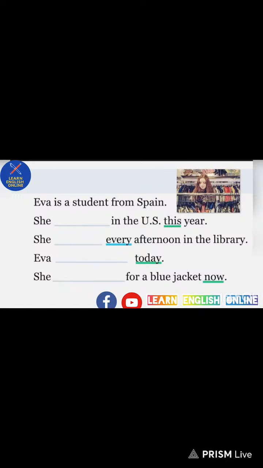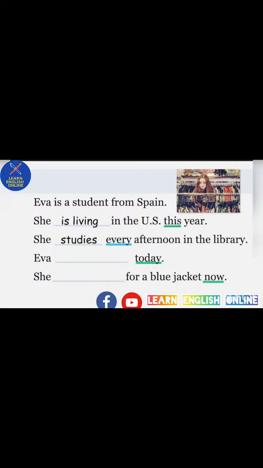Ava is a student from Spain. She is living in the US this year. This year tells me it should be present progressive because it's happening now. She studies every afternoon in the library.